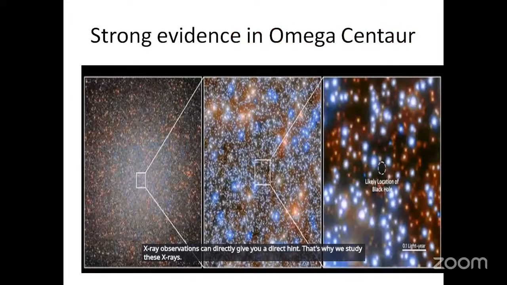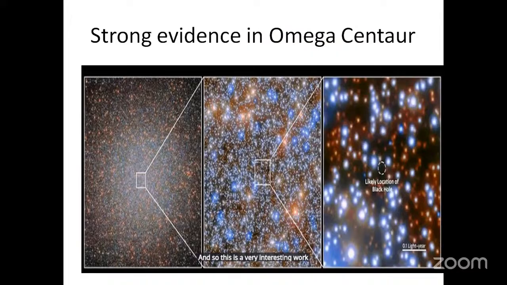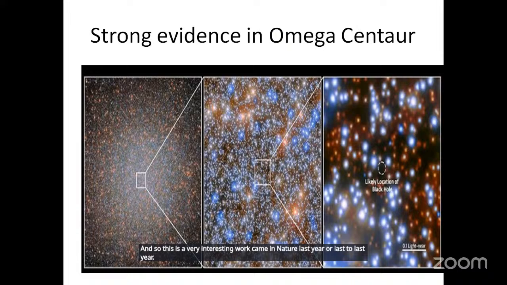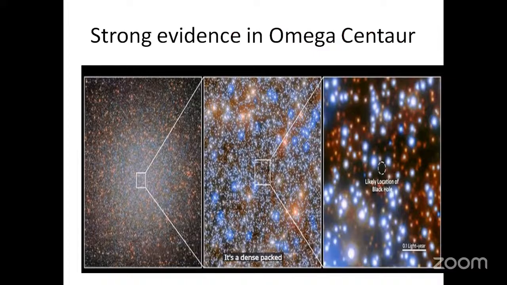This is a very interesting work that came out in Nature last year or the year before. You can see this is one of the biggest clusters in our galaxy, known as Omega Centauri. I'm sorry for the spelling mistake. It's a very big, densely packed cluster of hundreds of thousands of stars.